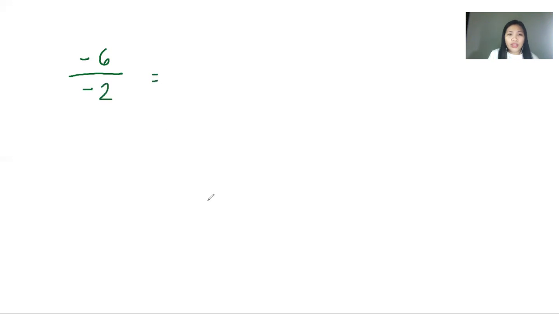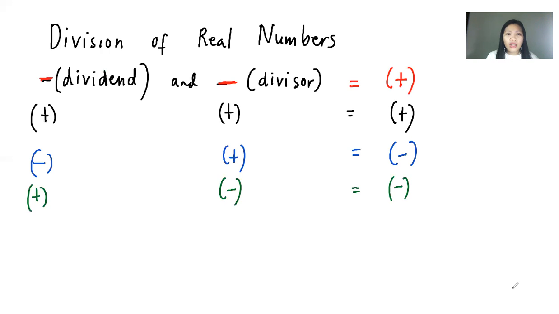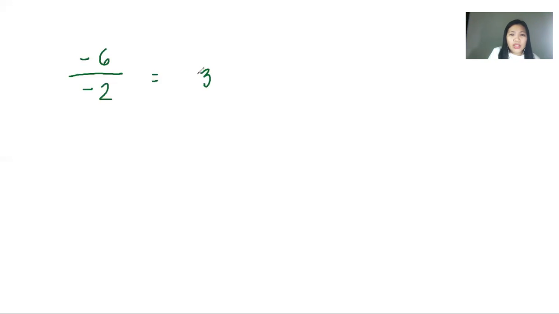The answer is 6 divided by 2, that is 3. If we go back to the rules, negative and negative will always result to positive. So this one is positive 3.